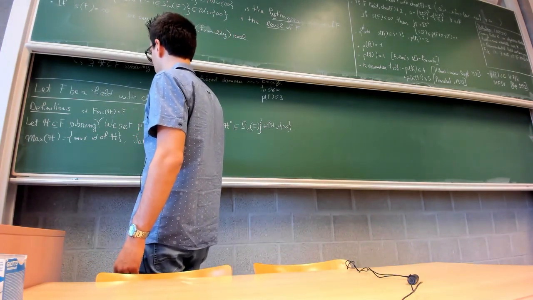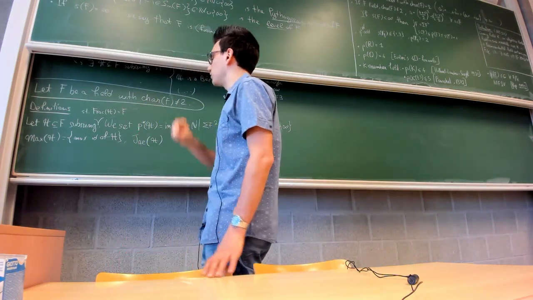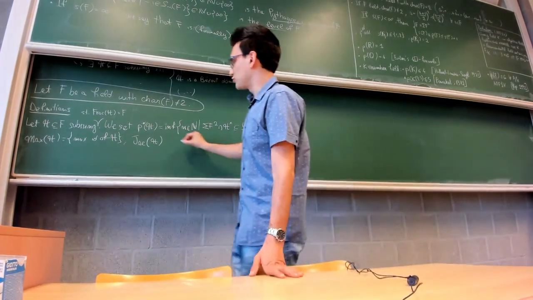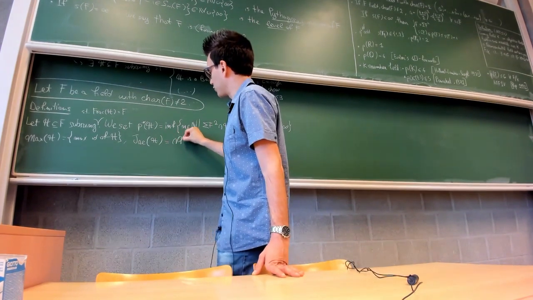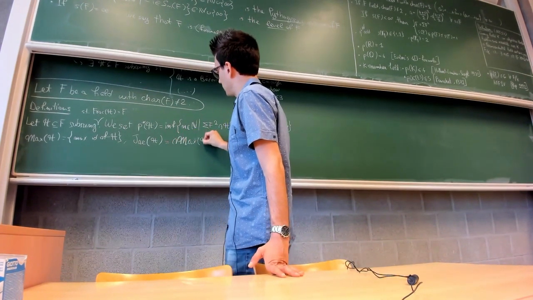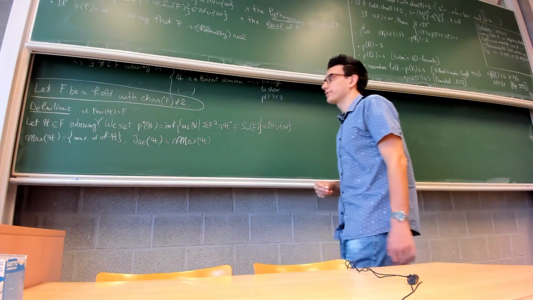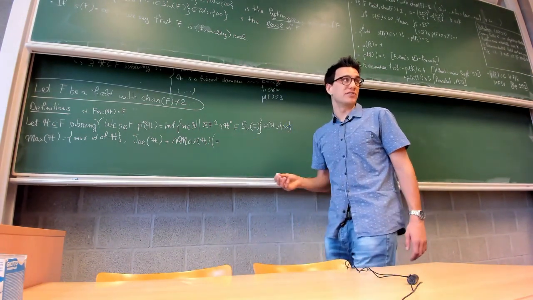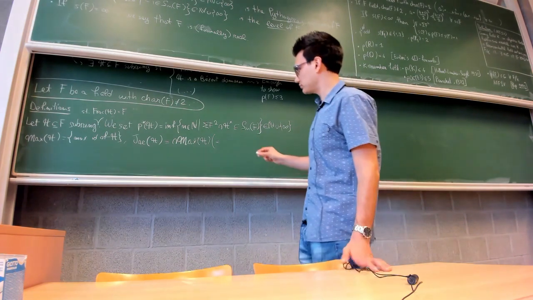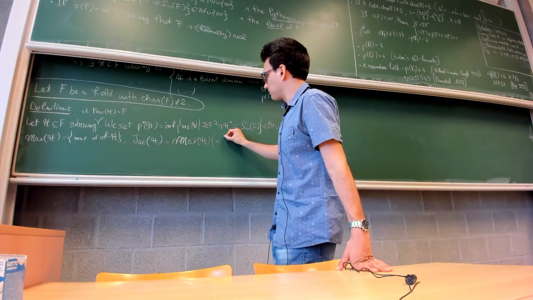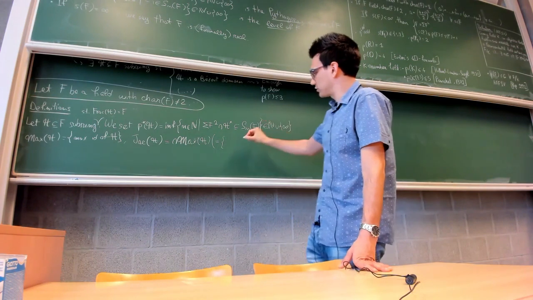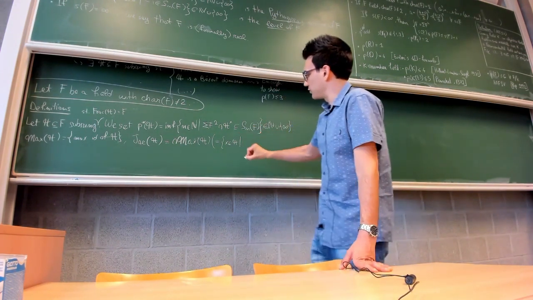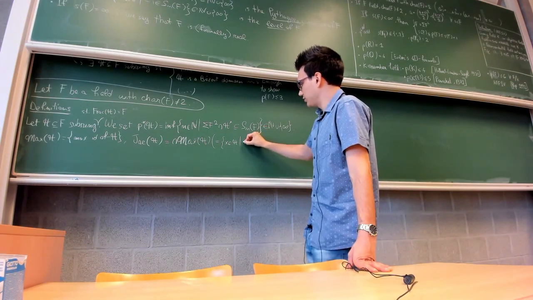By Jac H, I will denote the Jacobson radical ideal of H. This is defined as the intersection of all the maximal ideals of H. But there are several characterizations of this ideal, and I will write the one that will be very handy to me later.